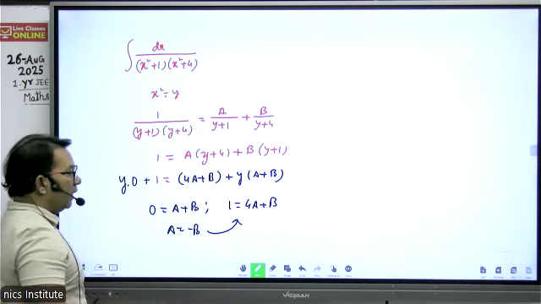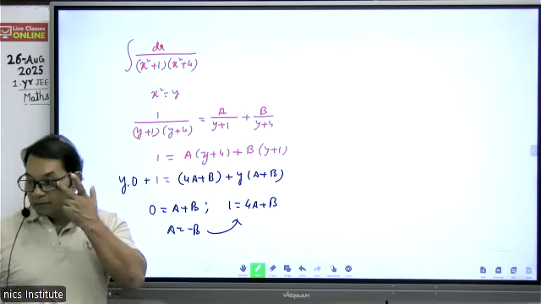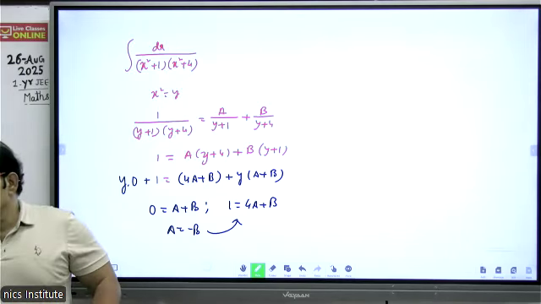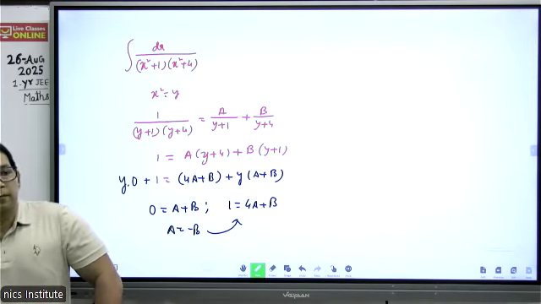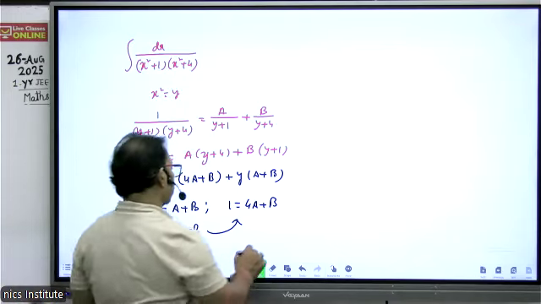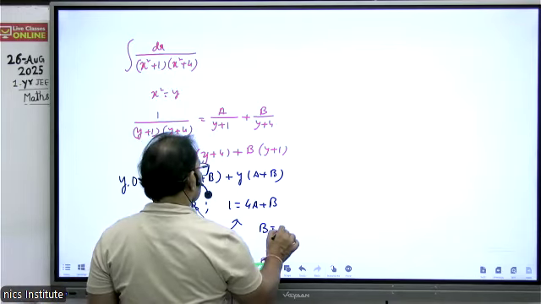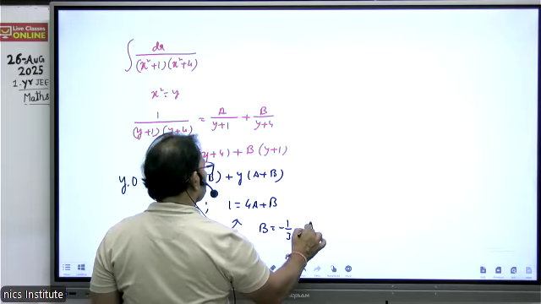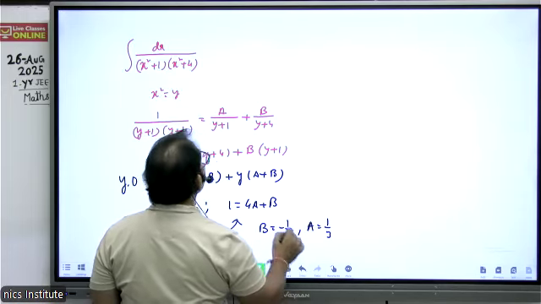Substitute here and get a and b. So b is minus 1 by 3. A would be 1 by 3.